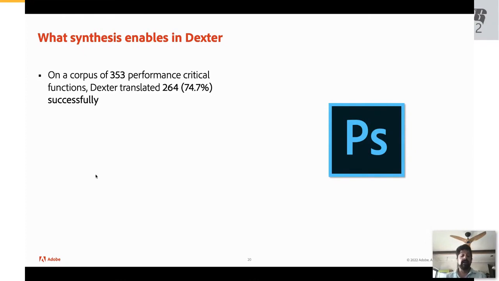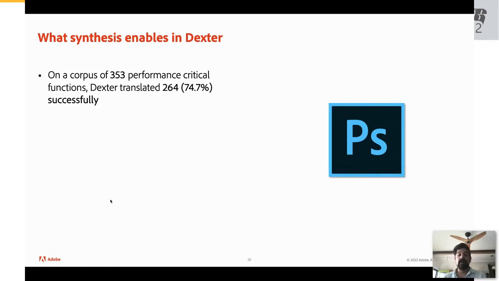Others were just complicated pieces of code that were hundreds of lines, with little to no commentary showing what those pieces of code did. Of those, Dexter was able to translate 264, or 74.7%, successfully and automatically.